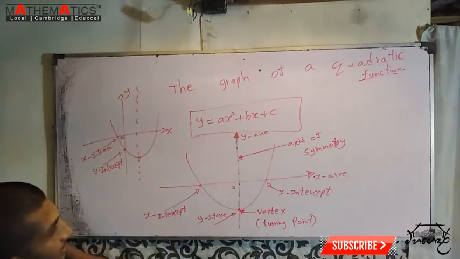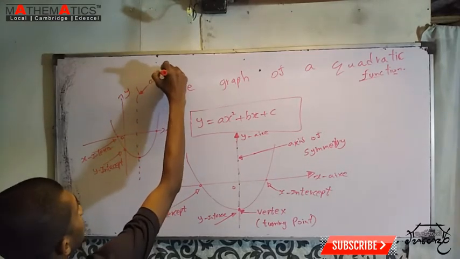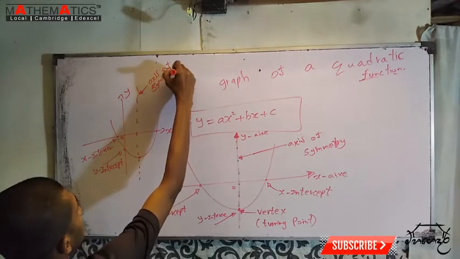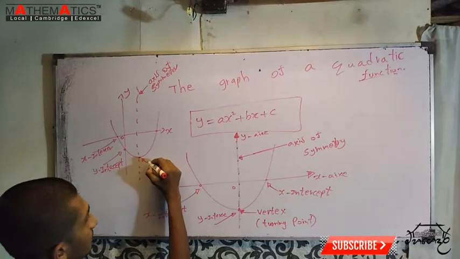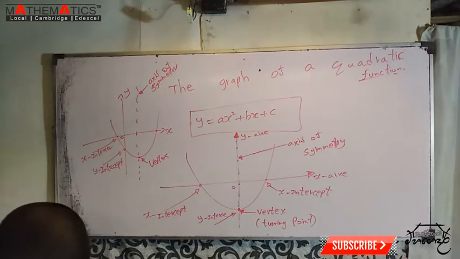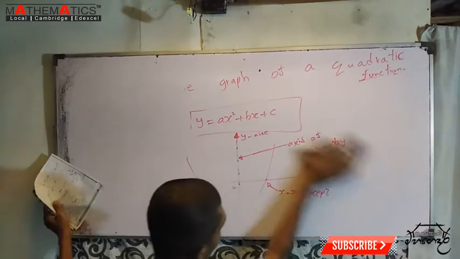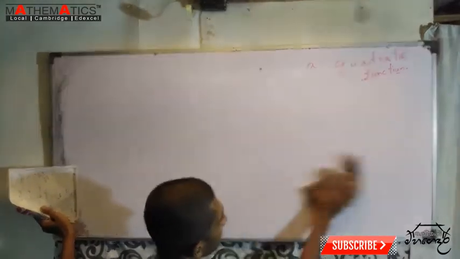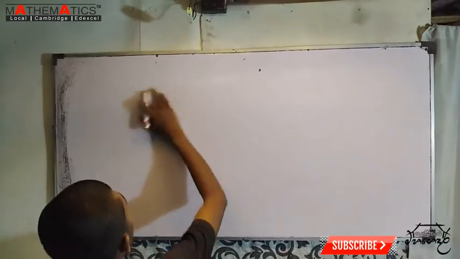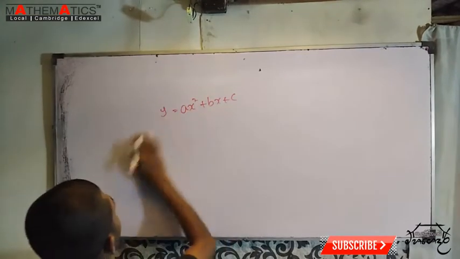Again it has an axis of symmetry, and this point we define as the vertex. It is a turning point.